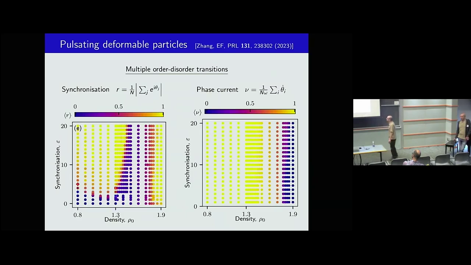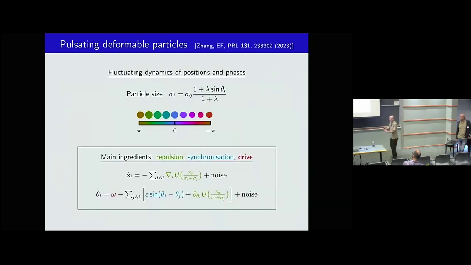So I would say the drive is important, from my perspective, to drive the system away from equilibrium, but the fact that this omega has a given sign or the other would not impact so much the phenomenology here in this model.